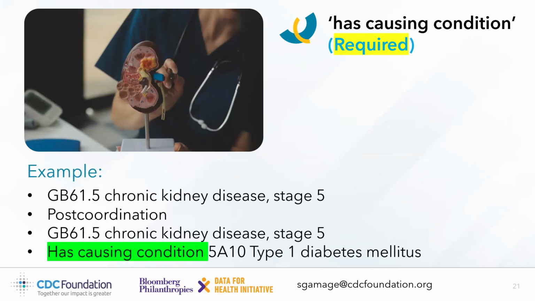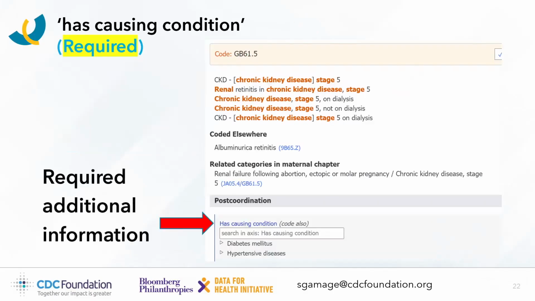Example, GB61.5, chronic kidney disease stage 5. And then GB61.5, chronic kidney disease stage 5 has a causing condition. If the certifier has indicated the type of diabetes, 5A10, type 1 diabetes mellitus. Required additional information is provided as has causing condition, and this is required.